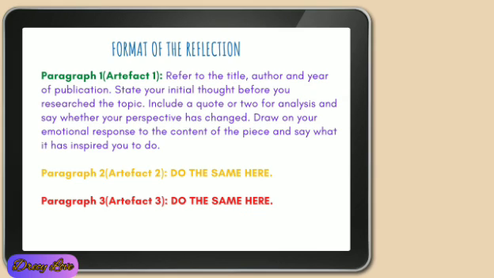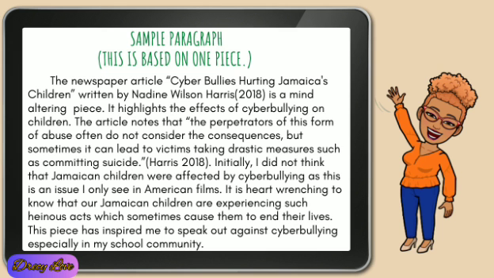You need to state your initial thought before you researched the topic. Include a quote or two for analysis and say whether your perspective has changed. Draw on your emotional response to the content of the piece and say what it has inspired you to do. So you're going to use the same approach for paragraphs 2 and 3.